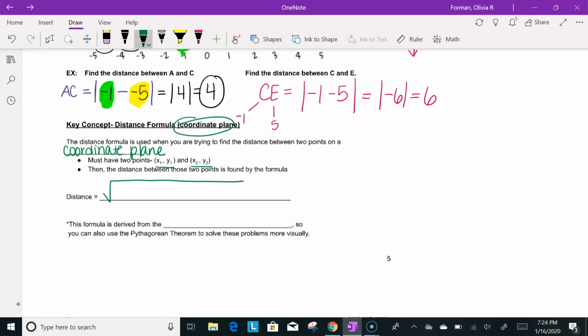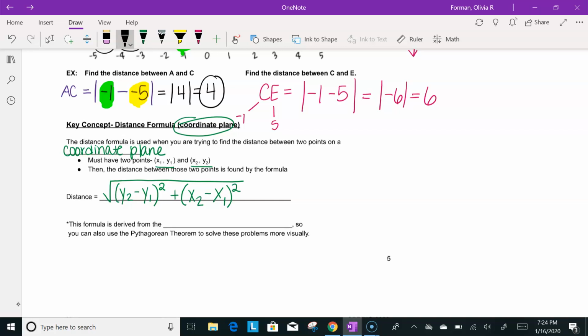It's a square root, and we can say y2 minus y1, we square that, and then we add it to the difference of the x2 and x1 squared. So it's basically saying, okay, find the difference in the y values, find the difference in the x values, square it, and then add them together.